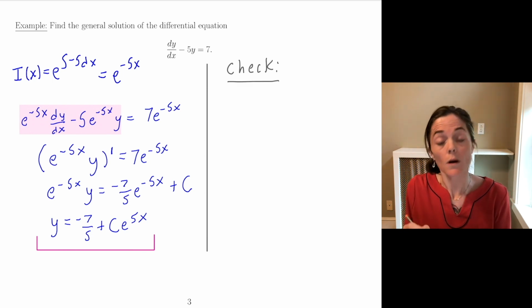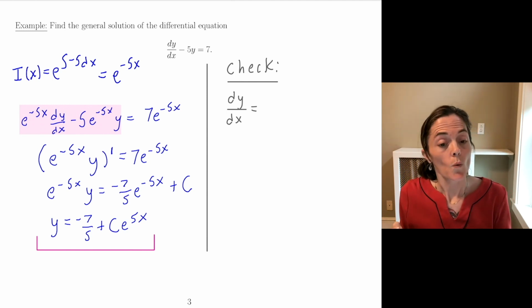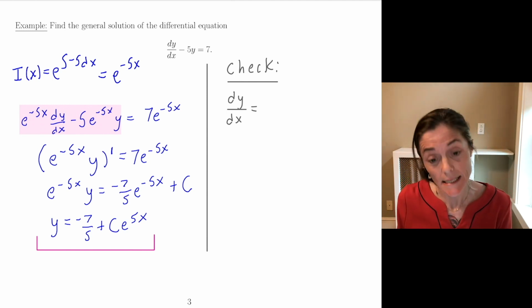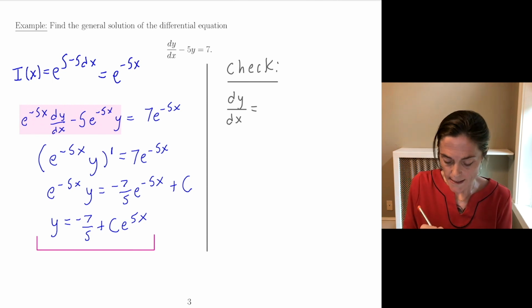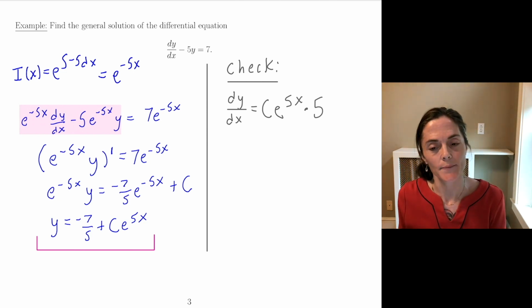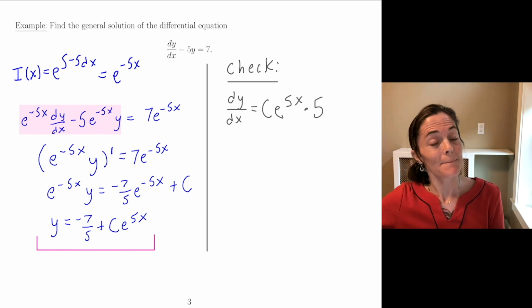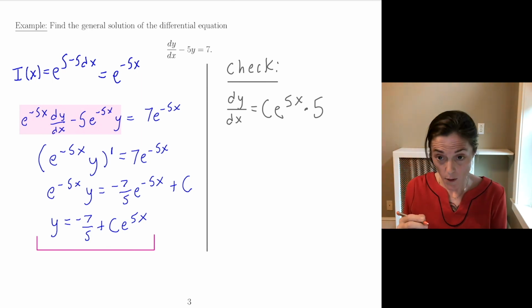Let's take our y and calculate dy dx. Well, the derivative of the constant is 0, so we get c e to the 5x, times the derivative of the inside function. Well, the differential equation says dy dx minus 5y, and this should equal 7.